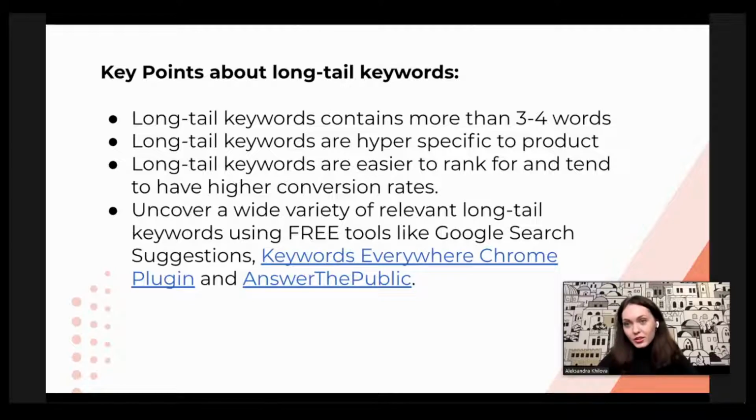Long tail keywords are keywords which contain more than 3 or 4 words in a keyword phrase. I will show you an example in the next slide. Long tail keywords are very specific.